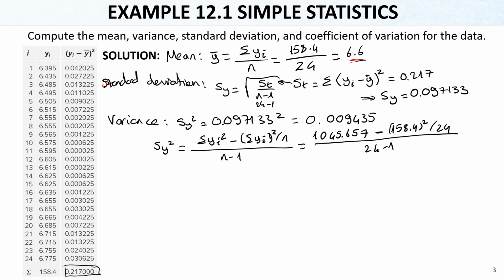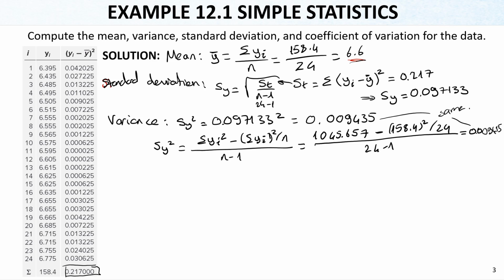Then from here as well, we will have the same result, 0.009, and you can see that these are the same. They should be the same because we find the same thing.